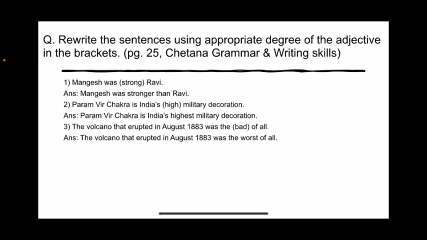Instead of bad, we will use the word worst. Remember children, we were talking about exceptions where we changed the entire word, and I gave you the example of the word good. Good became better, better became best. So bad is again an example of that kind of exception, where if we have to use it in the higher degree, we change the word to worst.